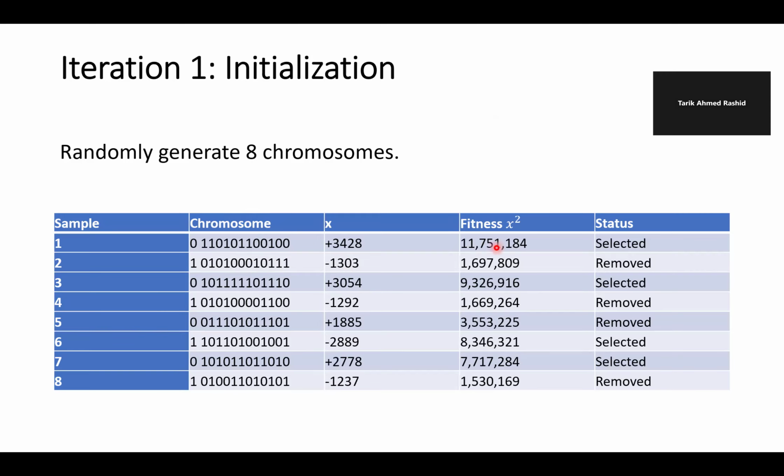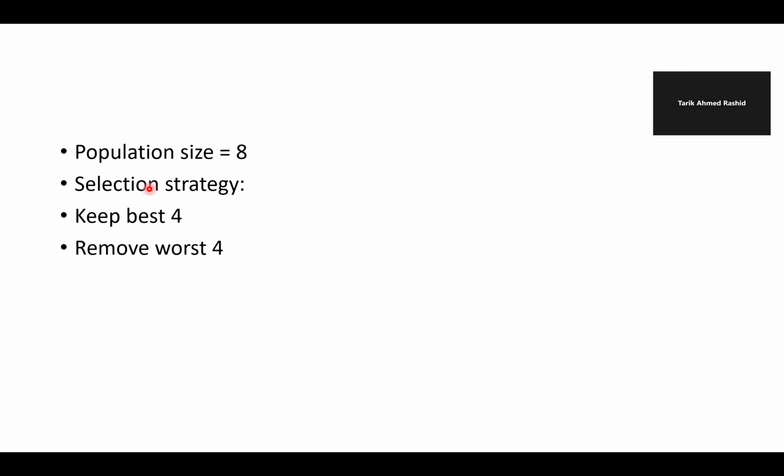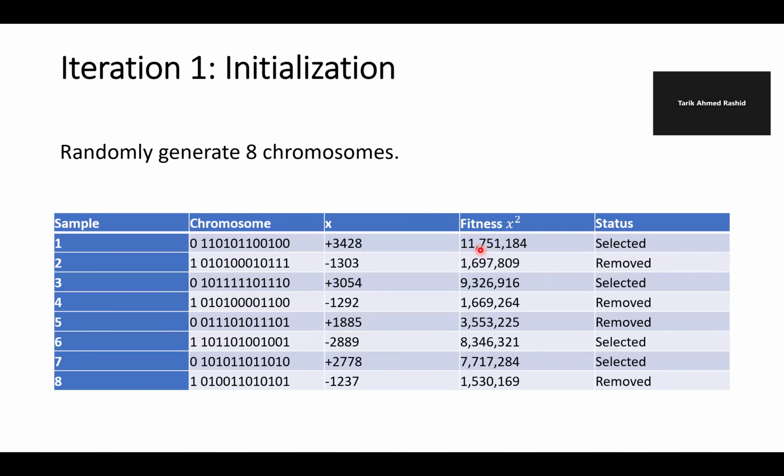So now we select the best. This is a maximization, by the way, so you select the best fitness. That's 11 million something. That is 1 million. So we'll take the best produced. So that is 8 million, 11 million, 7 million selected, and 8 million selected, 9 million selected.